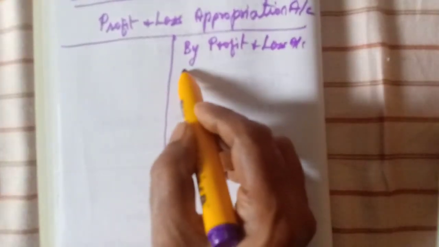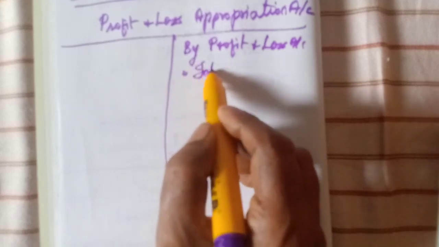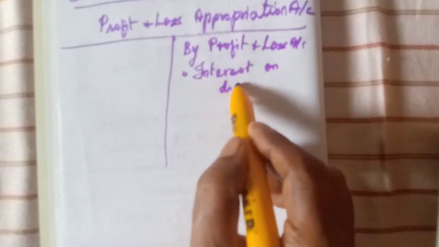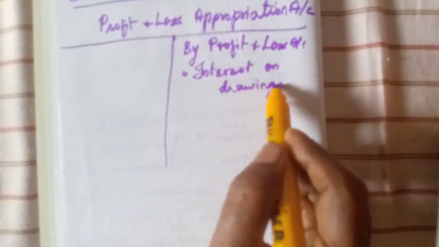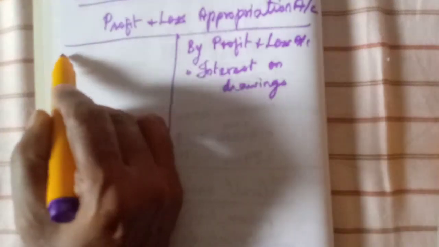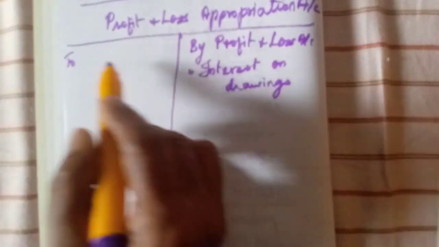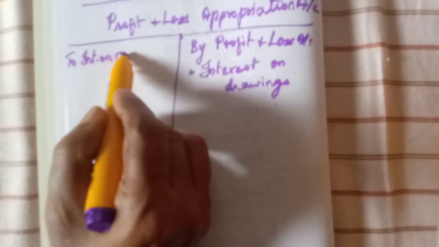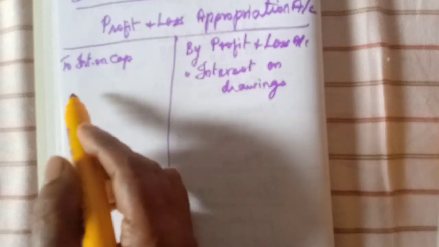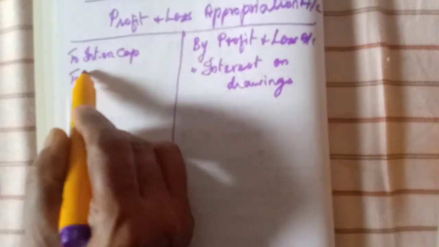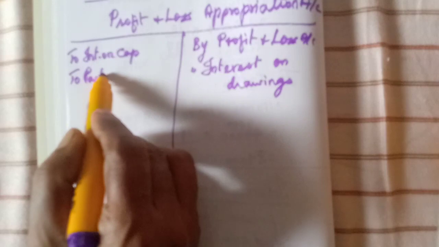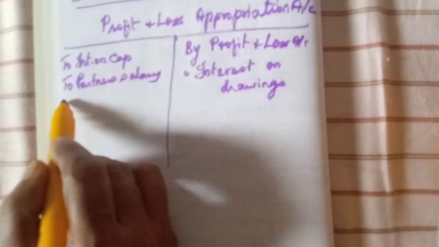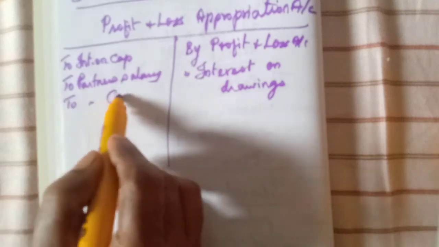Then it must be credited with the interest on drawings. Then it must be debited with interest on capital, and all the other expenditure: any salary, that means partner's salary, then any commission, partner's commission.